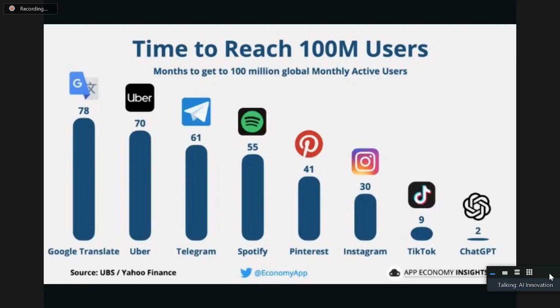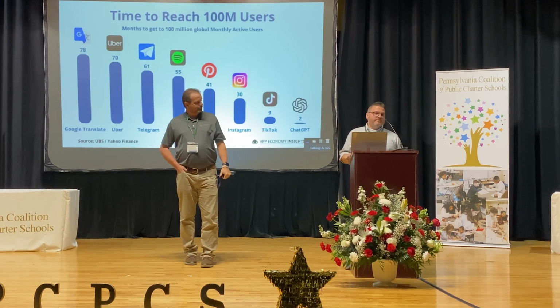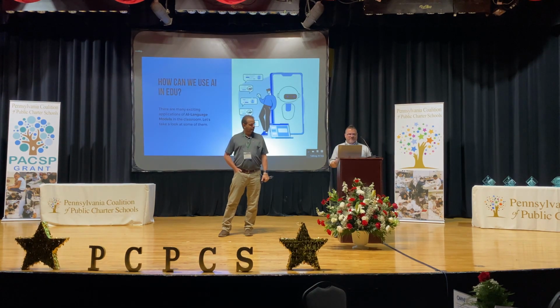ChatGPT, when it came out in November of 2022, I apologize, took 2 months. If you remember, the most valuable thing out there is not gold, it's not a gem, it's data. So just think about that: 2 months and over 100 million people are starting to use it.